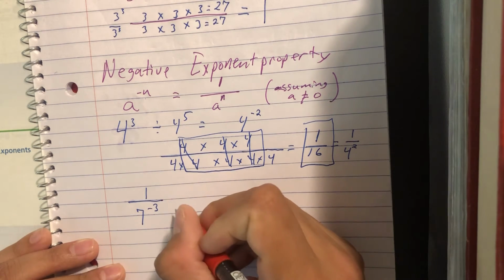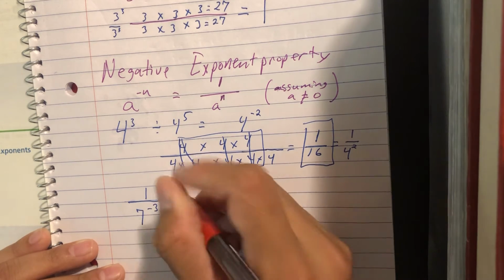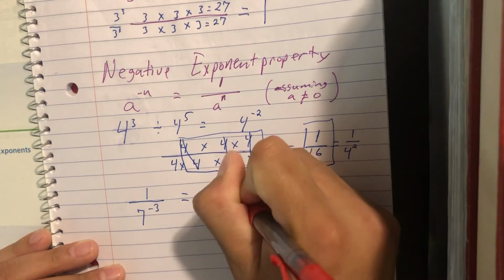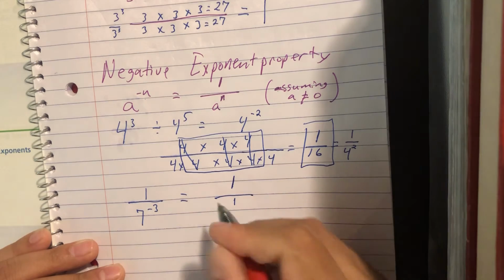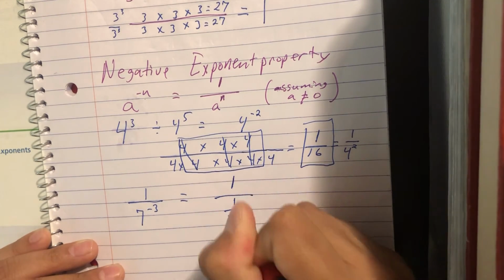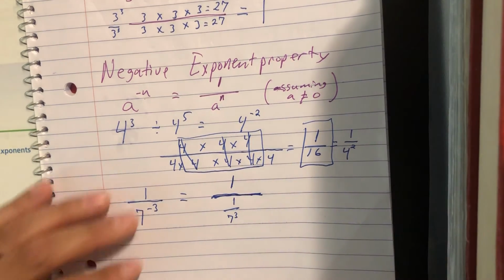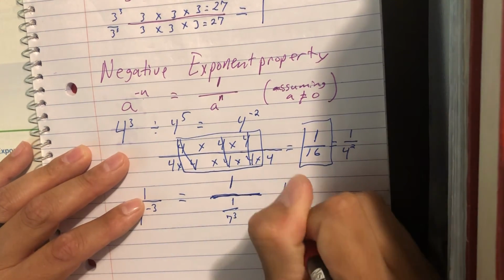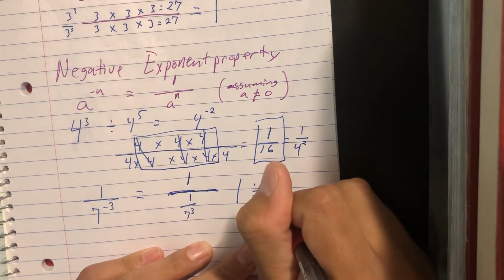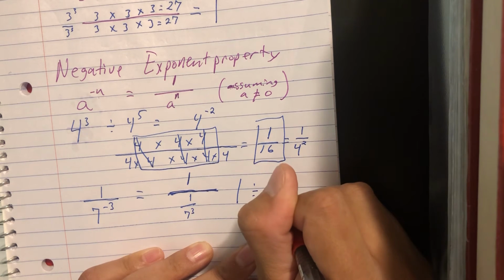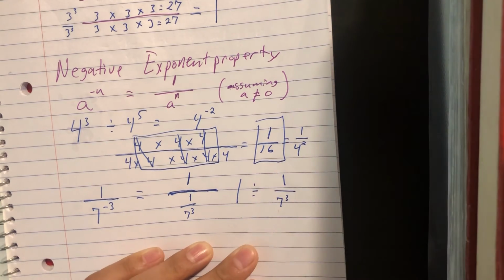As we stated before, we make it 1 over, as we did up here, 1 over 7 to the 3rd. Now remember, this is a fraction bar, but it's also a division bar, so let's divide. 1 divided by 1 over 7 to the 3rd.